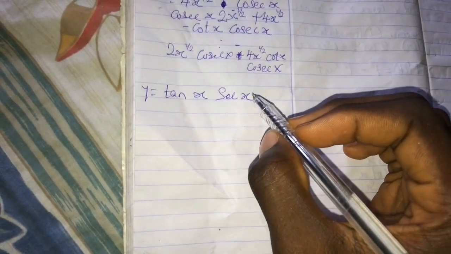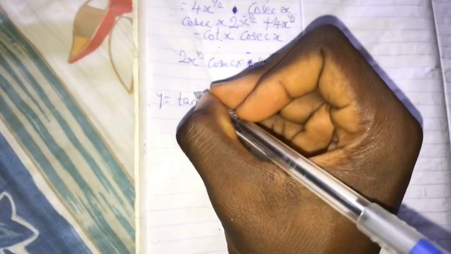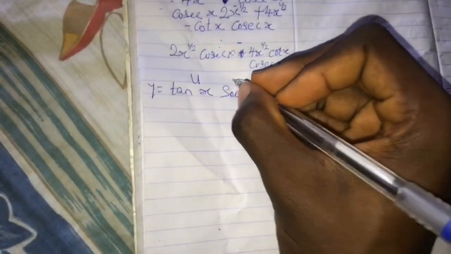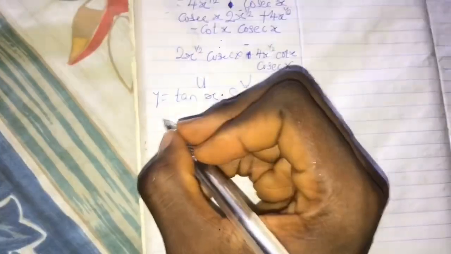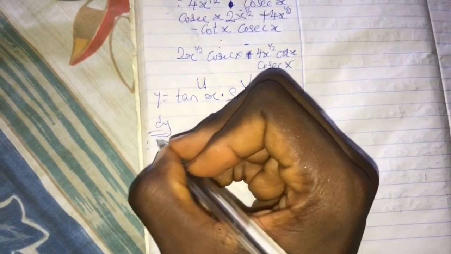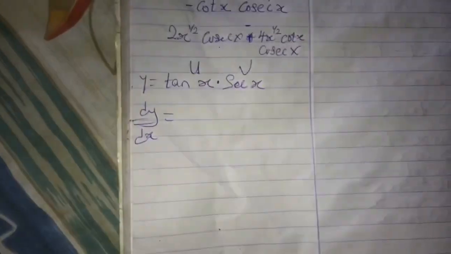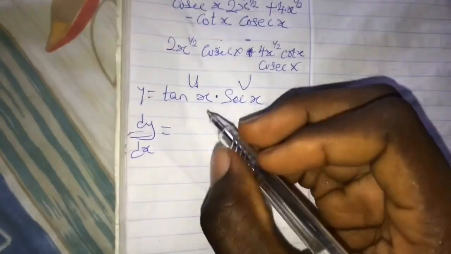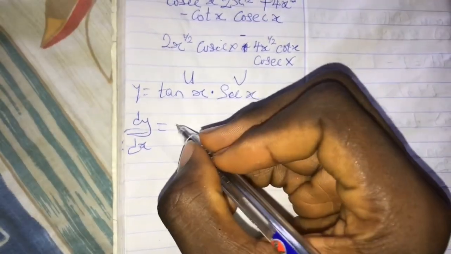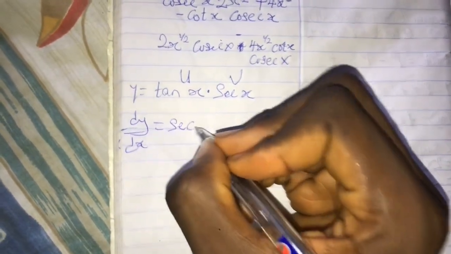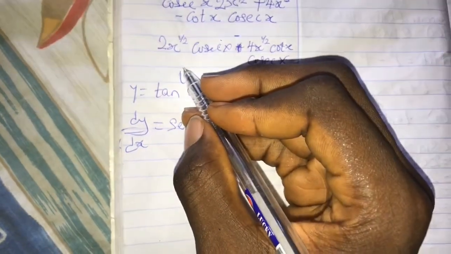So this time around, I thought to differentiate tan x sec x. So as usual, uv, remember, is always a multiply. Therefore dy/dx is equal to what? So v du, so there's v, that is sec x, du is what?